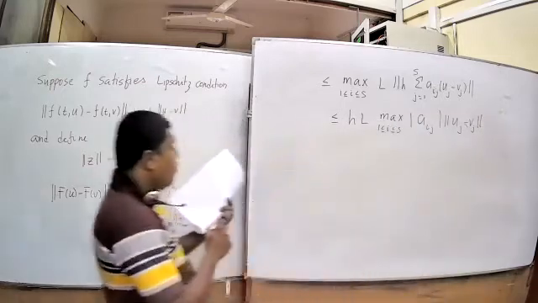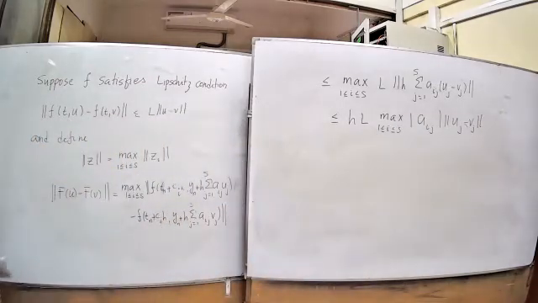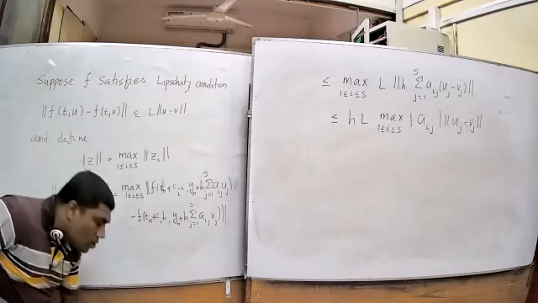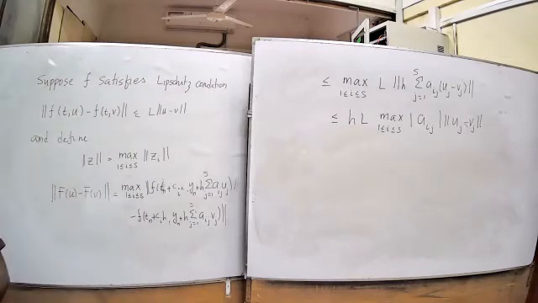So you use a lot of properties here. First you use the triangle inequality in the norm, and then you use the constant multiple inside the norm, right? So you use those two so that you get the summation.